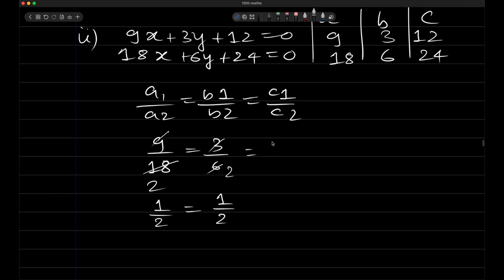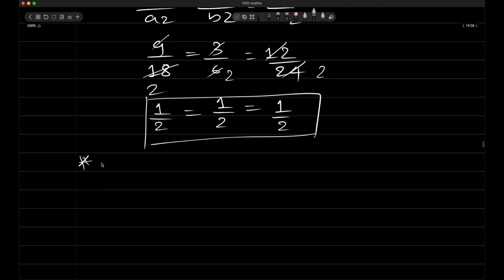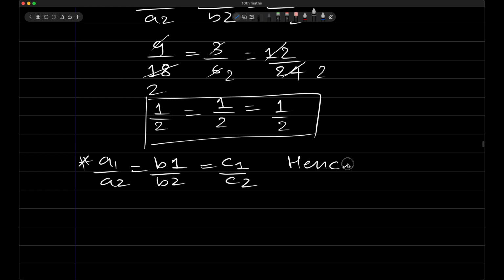C1 is 12, C2 is 24, and these are also 1 by 2, so we write a1 upon a2 equals b1 upon b2 equals c1 upon c2, and hence the lines are coincident lines.